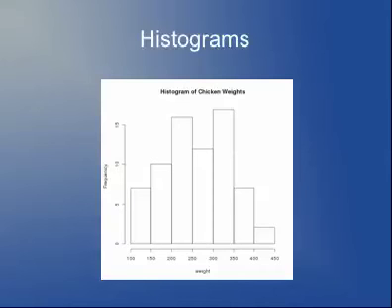The height of each box is simply the count of the number of chickens with weight in that particular range. So in this case, there are probably about 7 chickens with weight between 100 and 150, 10 chickens with weight between 150 and 200, probably about 16 between 200 and 250, and so on.